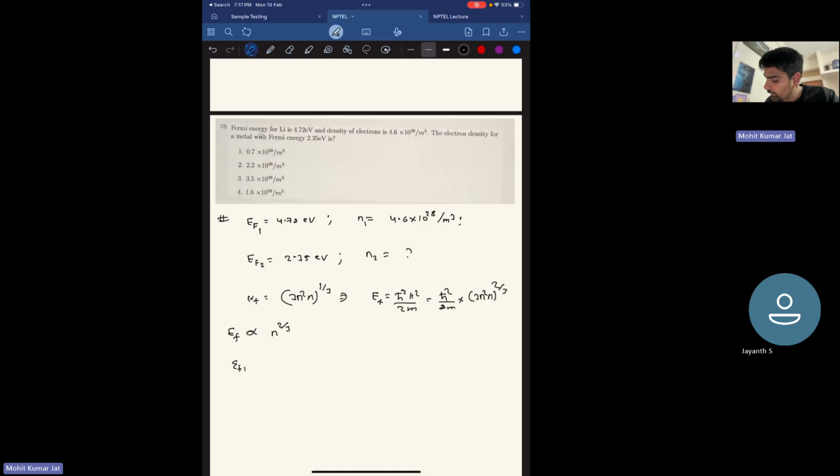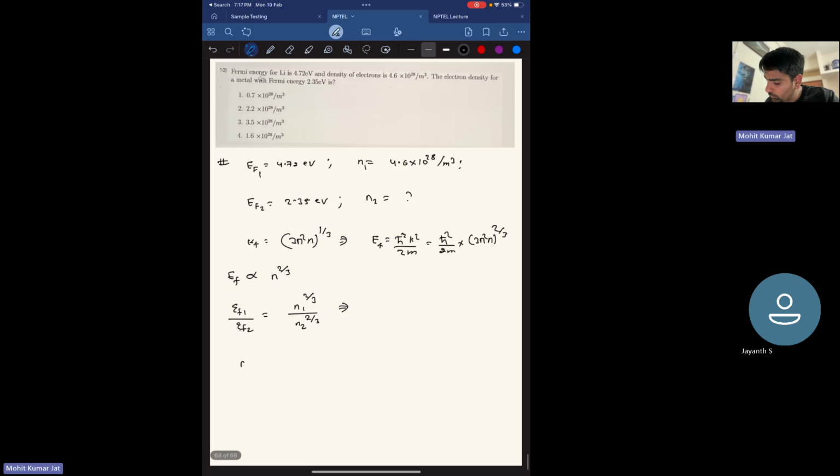So EF1 by EF2 will be n1 to the power 2 by 3 by n2 to the power 2 by 3. If I do it, n2 is equals to EF2 times n1 by EF1 to the power 3 by 2.